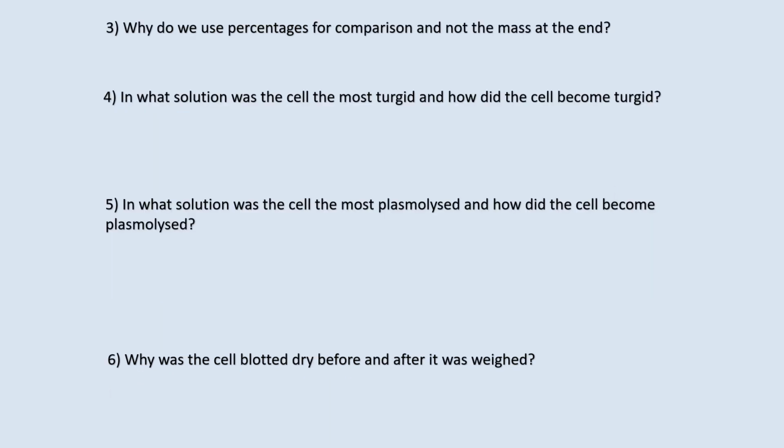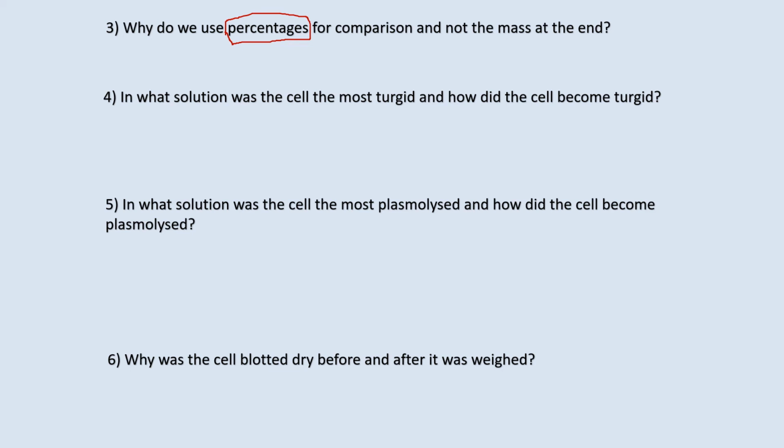So for the next question, why do we use percentages for comparison and not the mass at the end? This is a really good question because it comes up quite a lot. So whenever you get asked why you use a percentage and not the mass at the end, it's always because your values at the start are different.